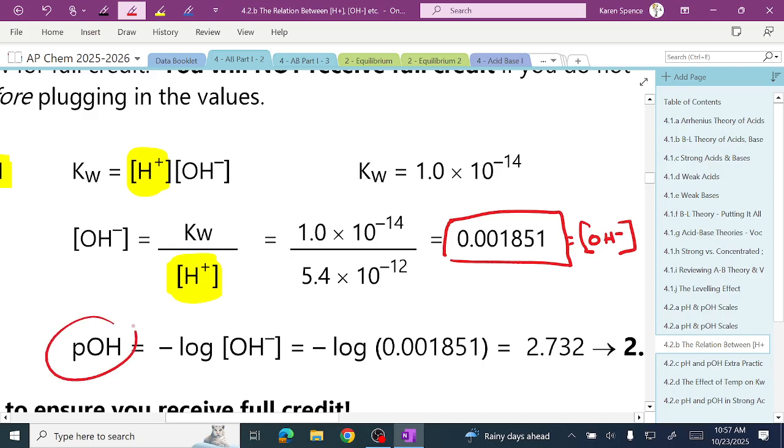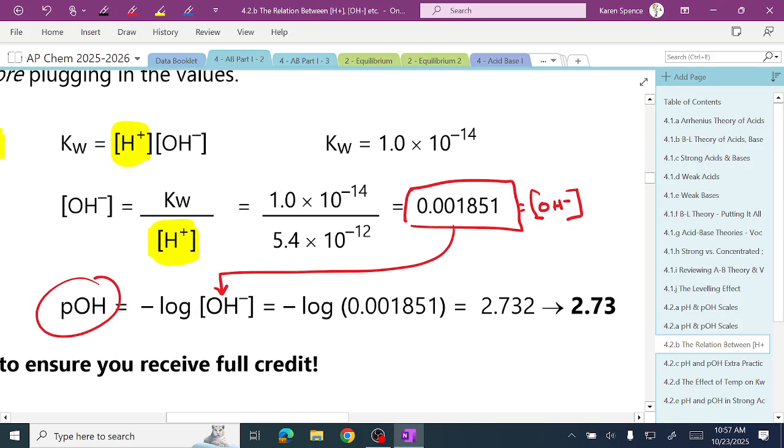Then if I want my pOH, I just take my OH minus and stick it in there. And of course, we've been working with 2 sig figs. So the negative log of hydroxide equals 2.73.